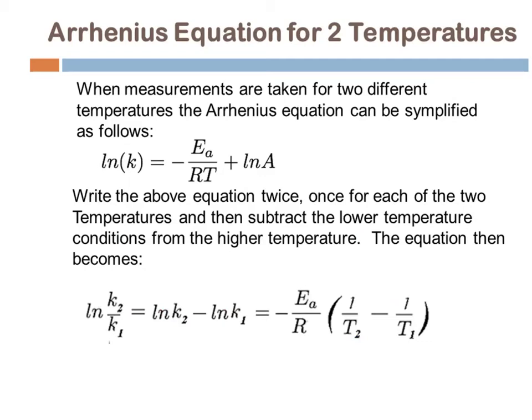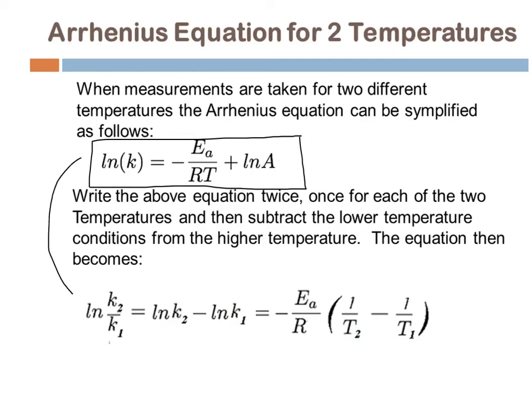We can also use the Arrhenius equation if we have two temperatures and two rate constants. What we're going to do is write the Arrhenius equation out twice and then take the difference between them.